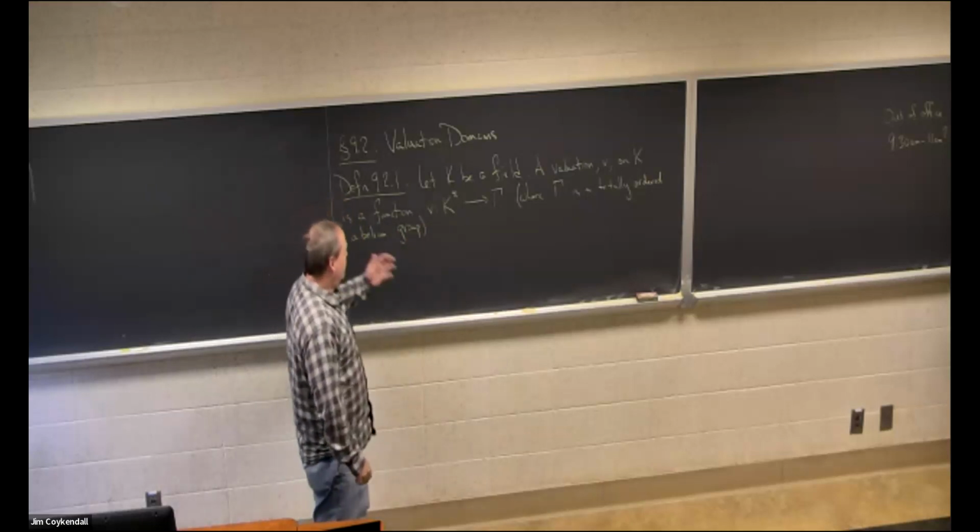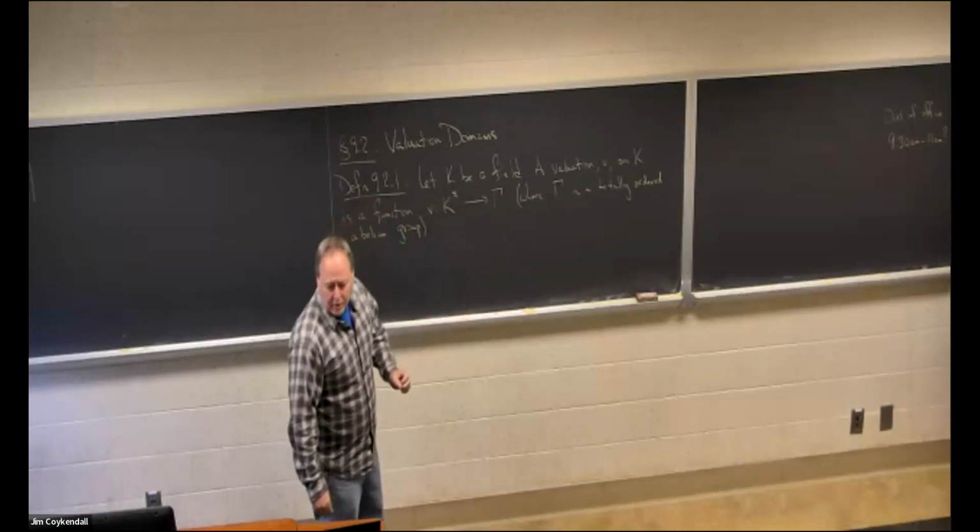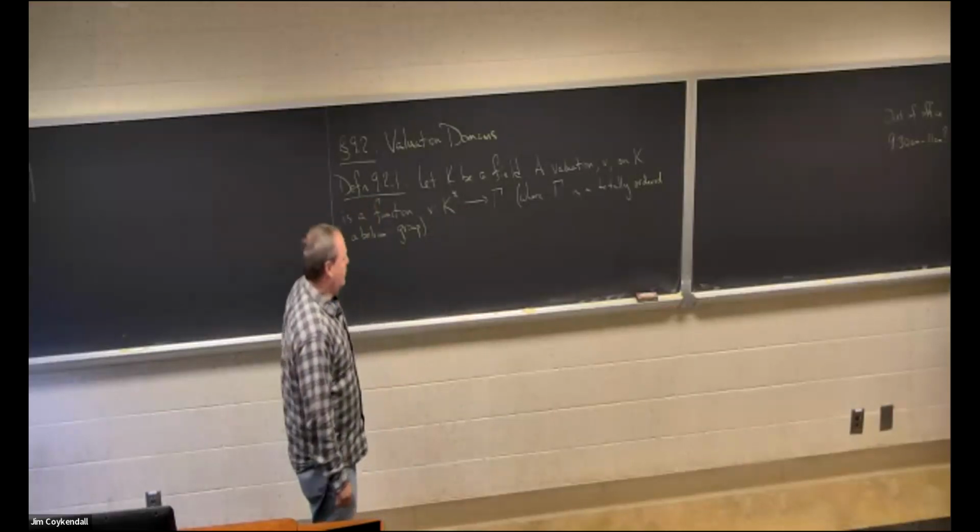Okay, so a valuation is some function from the non-zero elements of K into some totally ordered abelian group. And I want it to satisfy a couple of things.